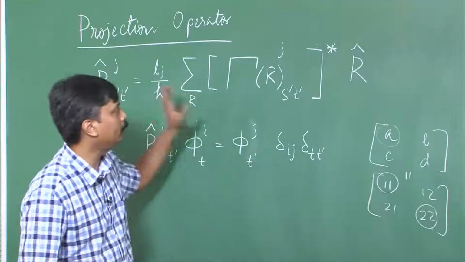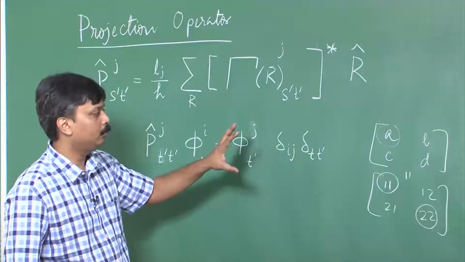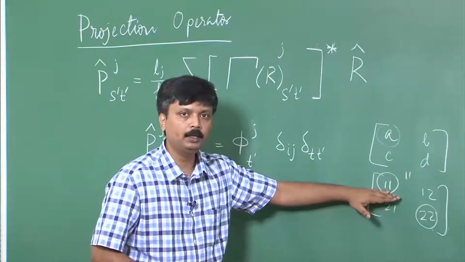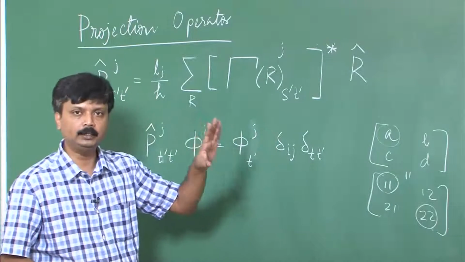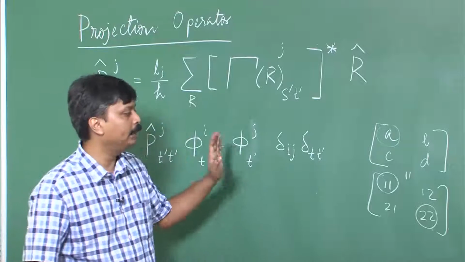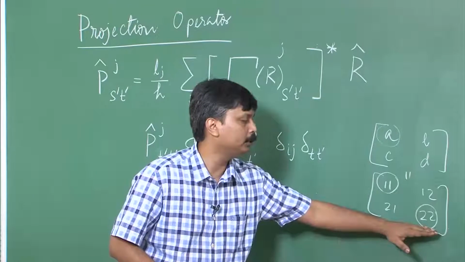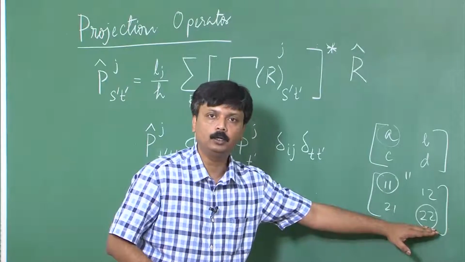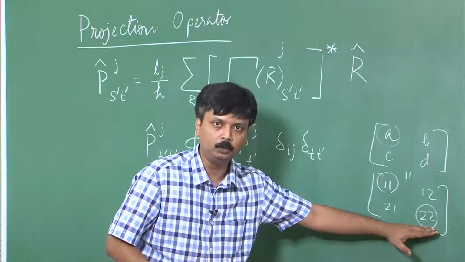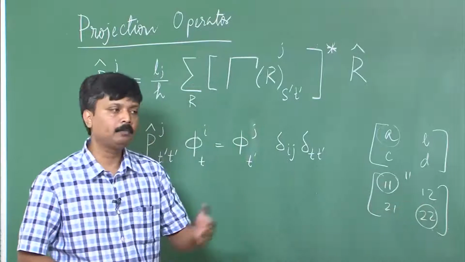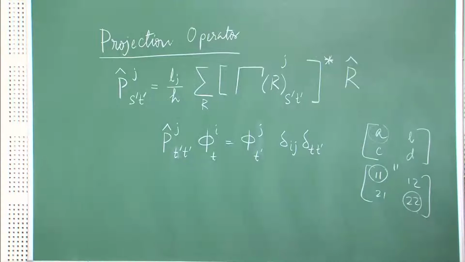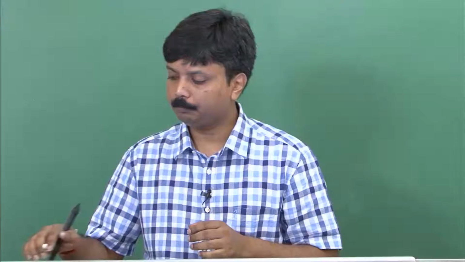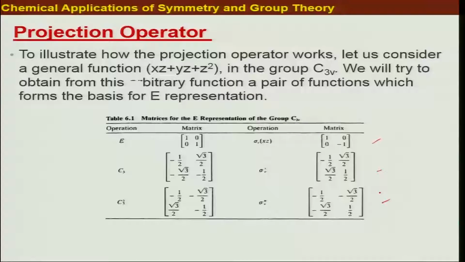We operate the projection operator corresponding to the 1 1 element onto this arbitrary function, and then again form the projection operator involving the matrix element 2 2, and do the same thing. So we will get two functions out when we operate these two projection operators on this arbitrary function.